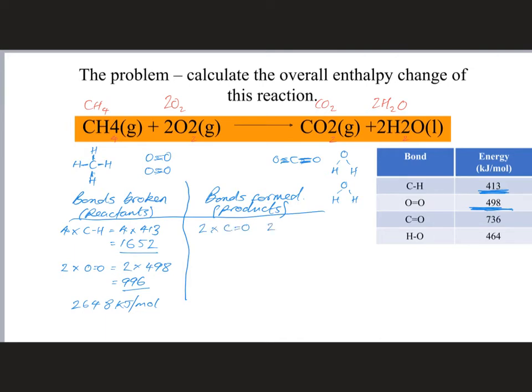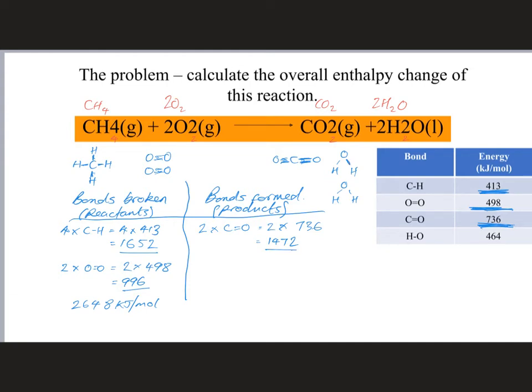In other words, 2 times 736. And 2 times 736 is, of course, 1,472 kilojoules per mole.